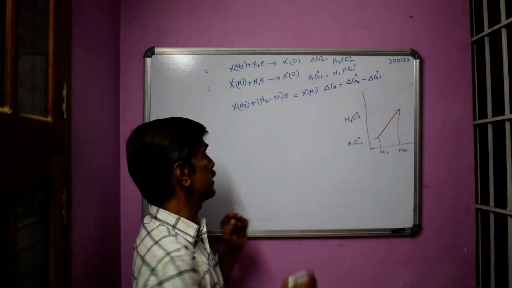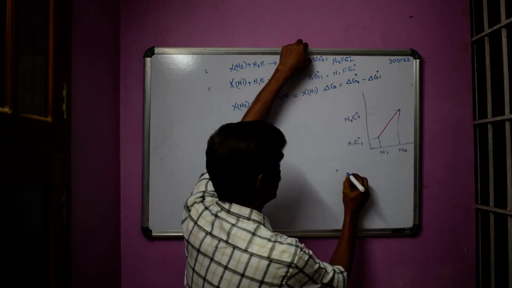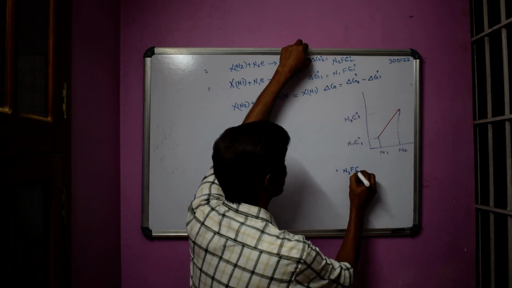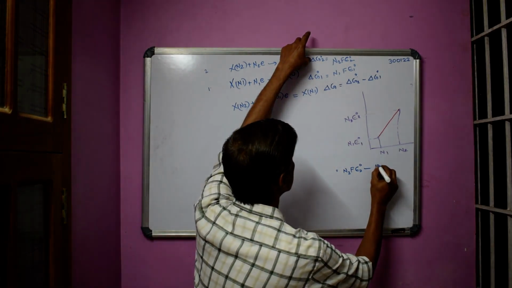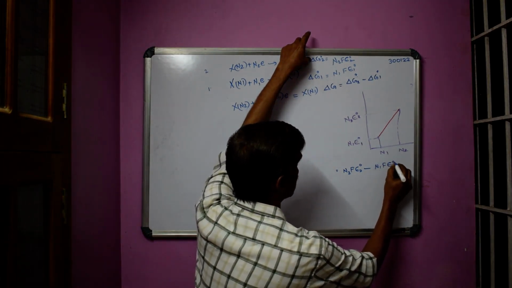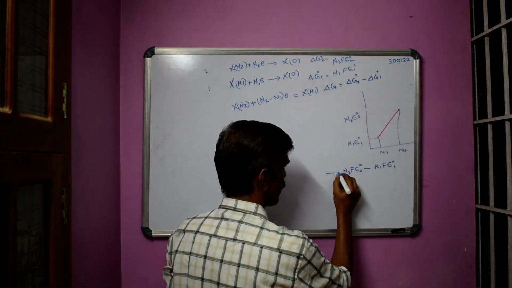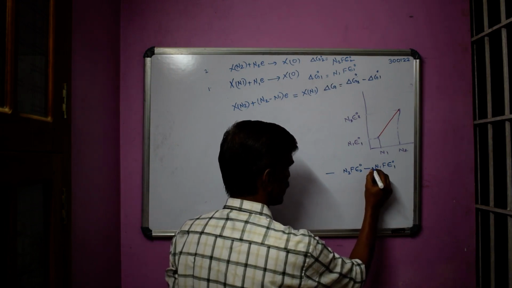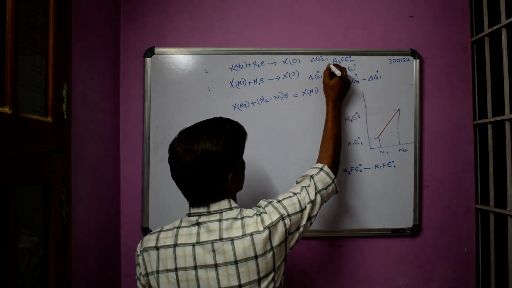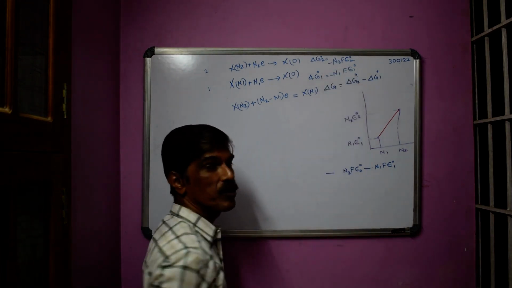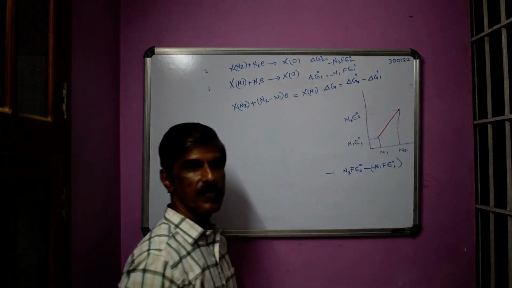That will be equal to minus n2 F E02 minus, minus n1 F E01. So minus delta G is equal to minus n2 F E0 minus n1 F E10.